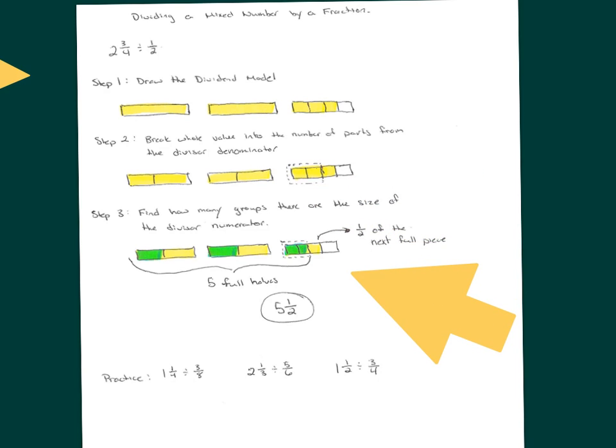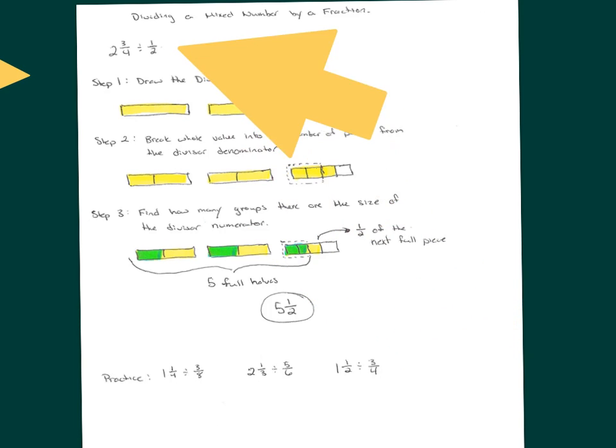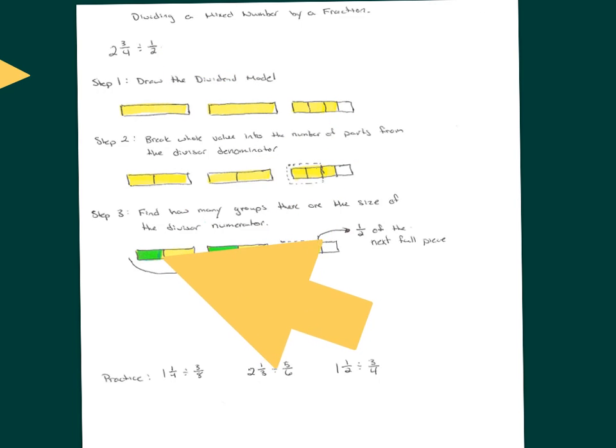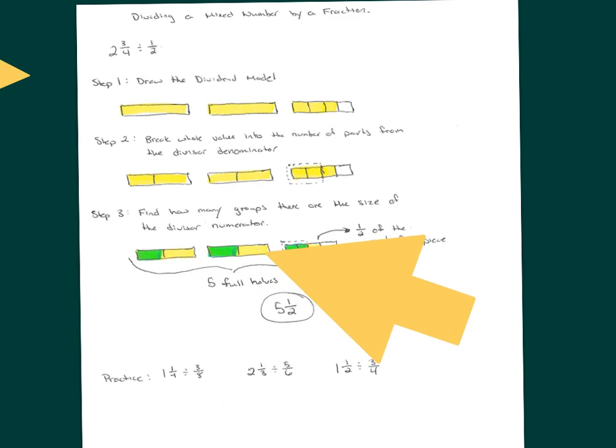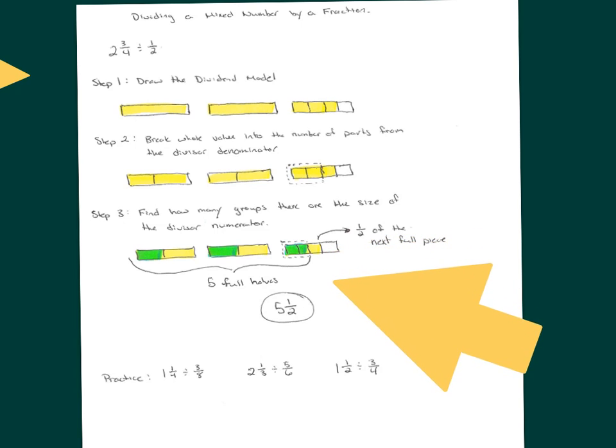The last thing we're going to do is, how many groups are there that are the size of the divisor numerator? So every one of these boxes becomes one whole. So there's 1, 2, 3, 4, 5, and then we're left with half of one more. So this leaves us with 5.5 total boxes. And that's going to be how we proceed with this part.